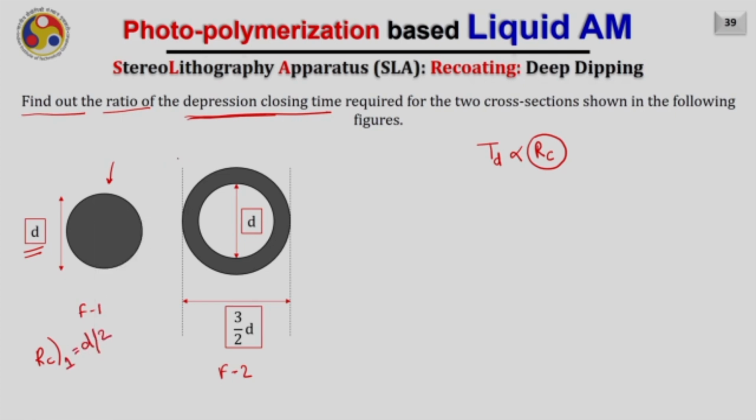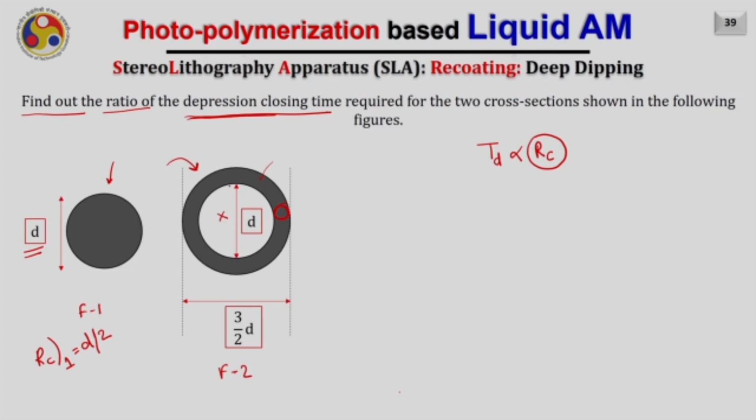In a similar fashion, here if you observe, there is no material here, and there is material available here. Hence I can draw a circle, and this will be the circle of maximum possible radius.